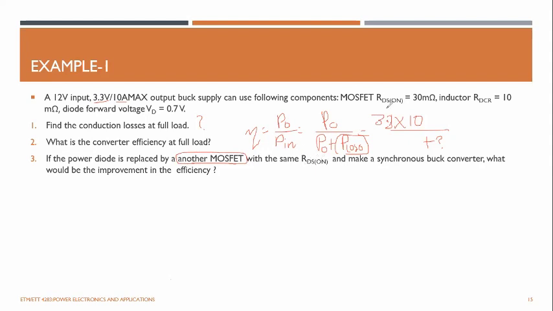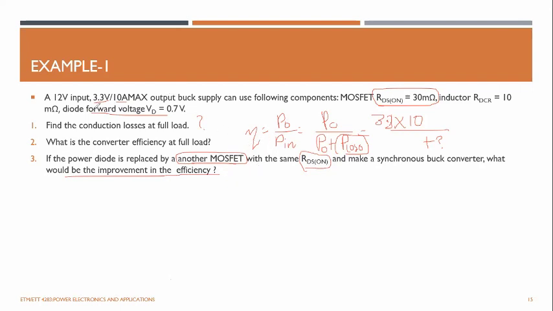So the plan is to replace this diode with a power MOSFET, the same power MOSFET that is used for input switching, and make a synchronous buck converter. What would be the improved efficiency?